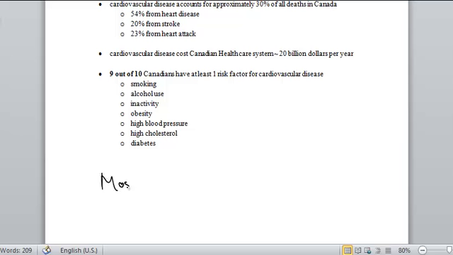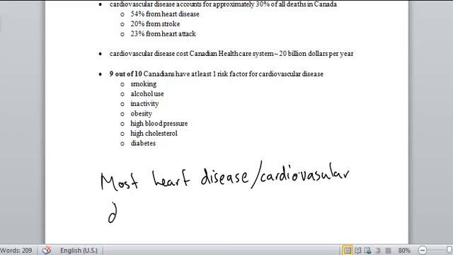Now, the reason this is such a big number and these numbers are so relevant is most heart disease, cardiovascular, so not just in the heart but in the vessels, diseases are preventable.